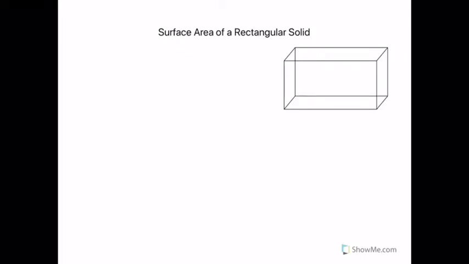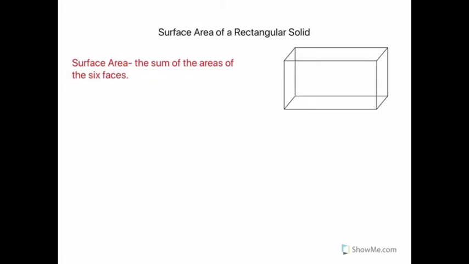So first let's talk about surface area in general. Surface area is the sum of the areas of the 6 faces, the sum of the areas of all of the faces of your shape. Here, since we have a rectangular solid, it has 6 faces, so we have to find the areas of all 6 faces.